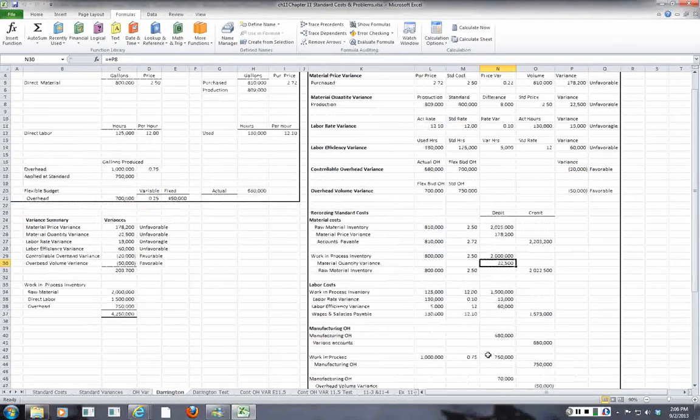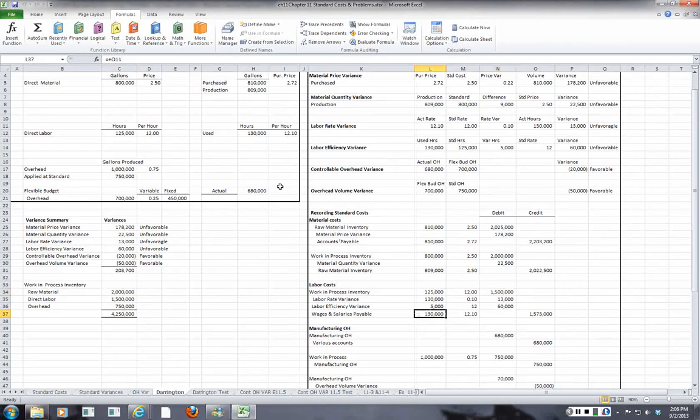Labor costs. How do we record that? Well, we've got labor and work in process. It's going to be 125,000 labor hours at $12, which is the standard rate. So what we're going to put into work in process for labor is $1.5 million. Now we've got wages.